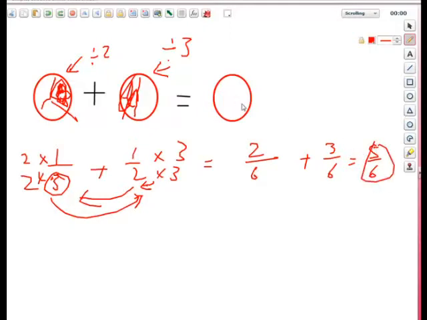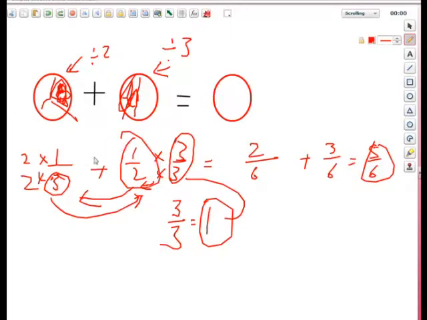Okay. I want you to notice one other thing here, which is, are we multiplying this side by 3? Well, sort of, but not really. Really, we're multiplying it by 3 over 3. And if you think about 3 over 3, what does it equal? Well, 3 over 3 equals 1, right? So what we're doing is we're multiplying this 1/2 by 1.